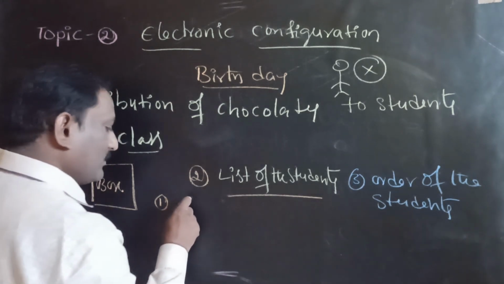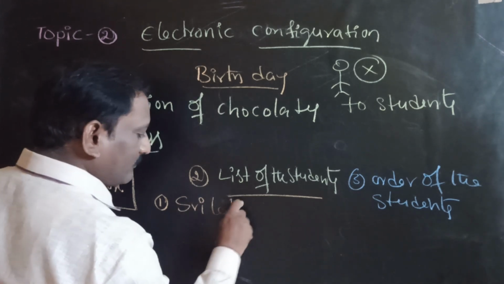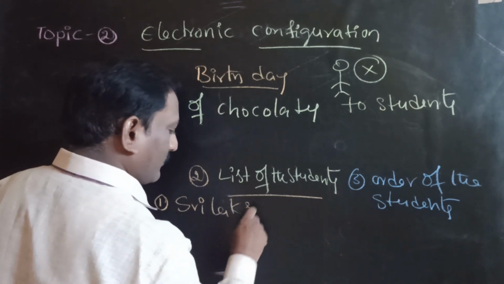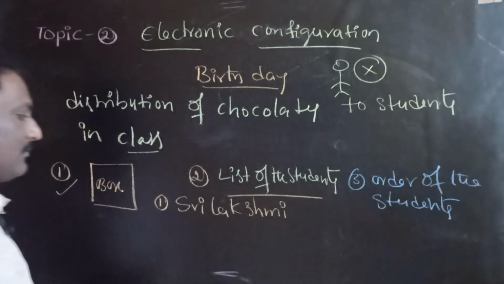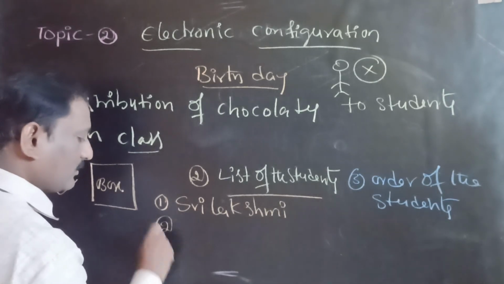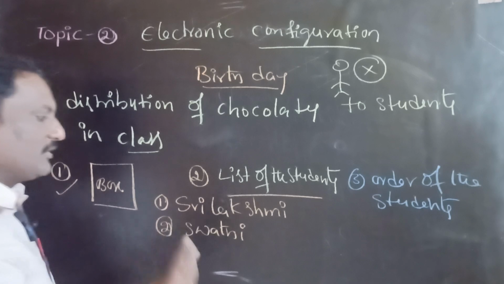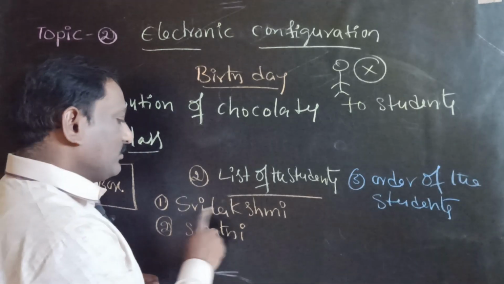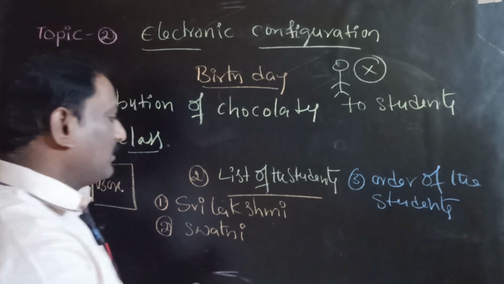For example, the names of students Sri Lakshmi and Swati. I would like to take only 2 examples. Sri Lakshmi's name starts with S and Swati's name starts with S.